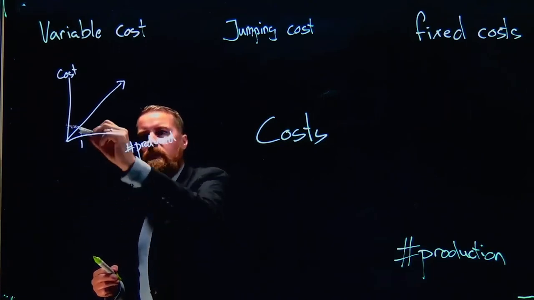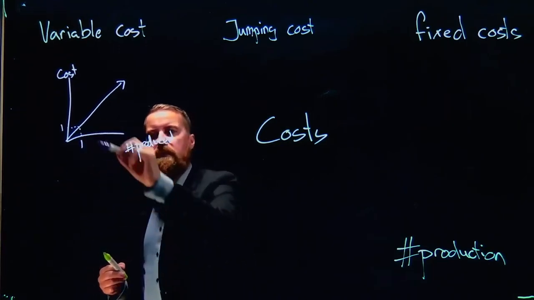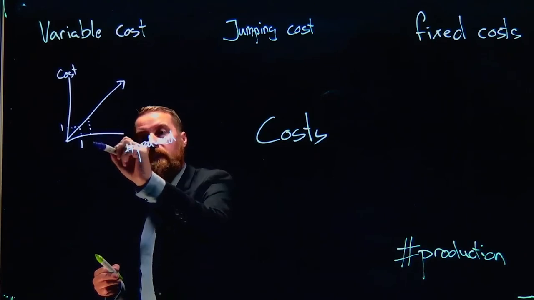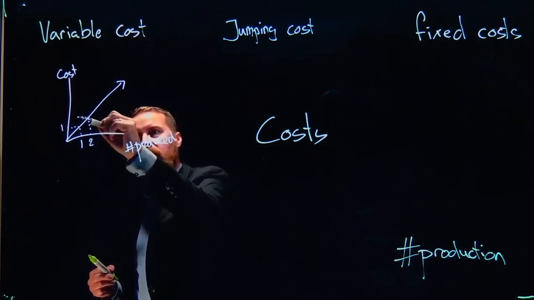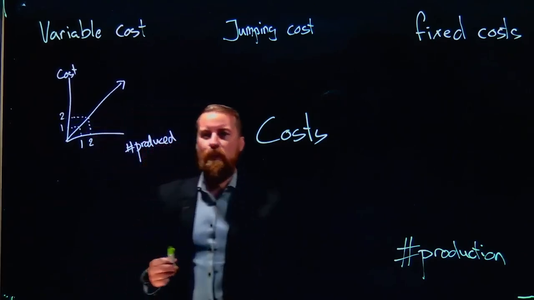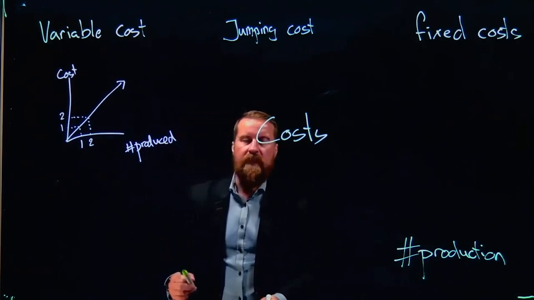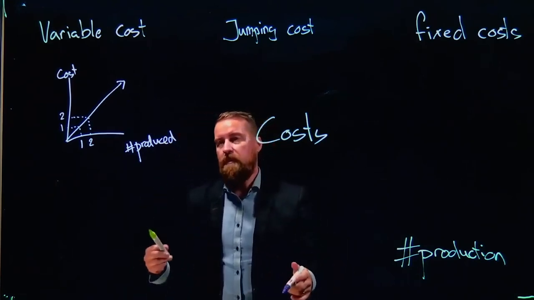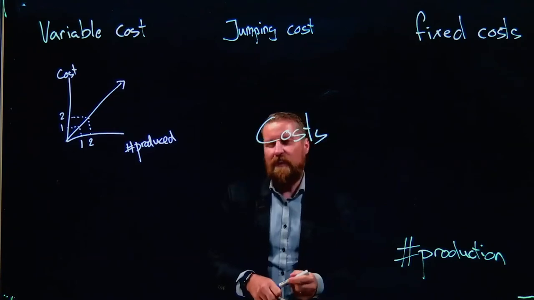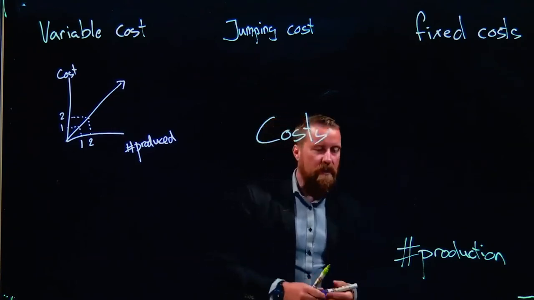One more production gives one more cost. And surprise, surprise, two more gives two more costs. Alright? So that's quite simple. So that could be like raw materials and things like that.